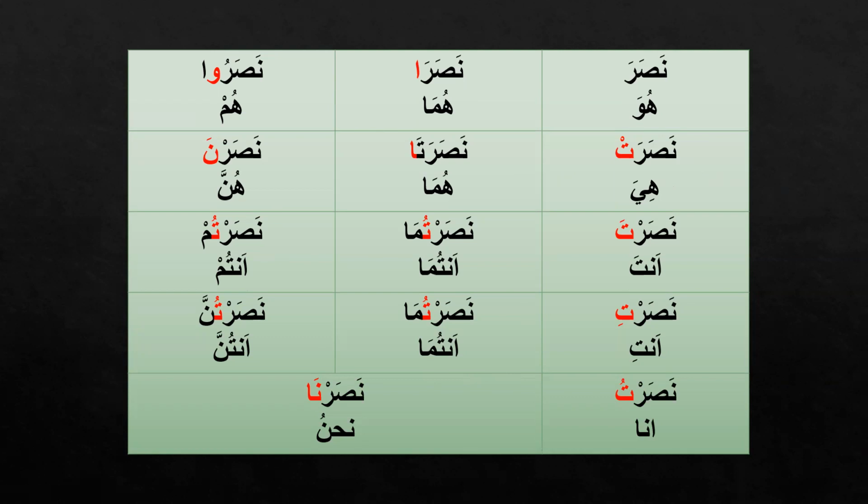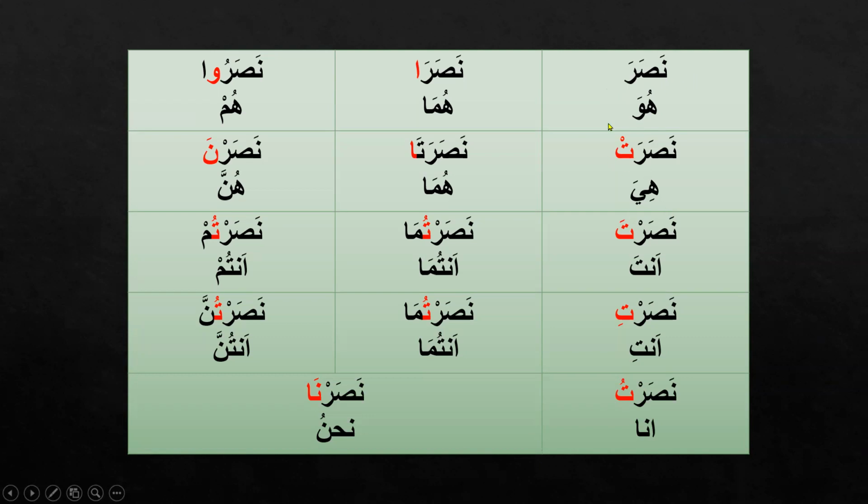Only for huwa, we will say that our pronoun is mustatir, because we cannot see a pronoun here. Nasara, we cannot see any pronoun here. We will say that its pronoun is damir mustatir.